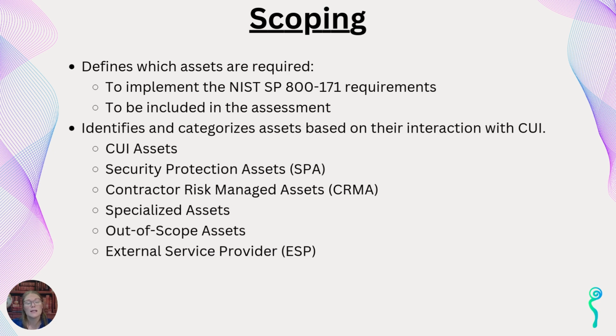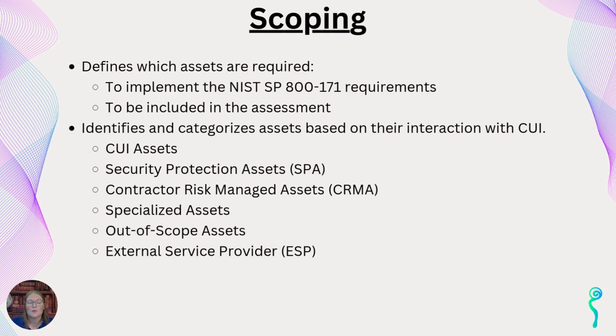A specialized asset is an asset that does store, process, or transmit CUI, but due to the type of information system it is, due to the technical restrictions and nature of the system, it is unable to implement all or some of the NIST SP 800-171 requirements.